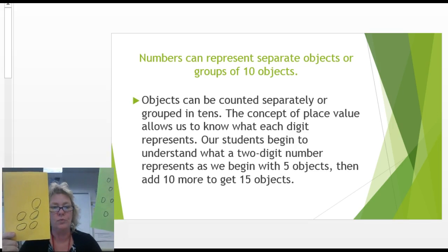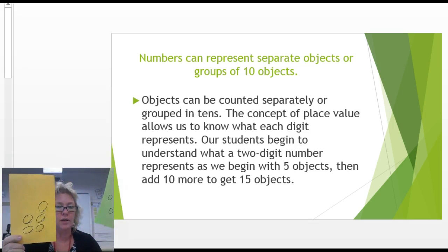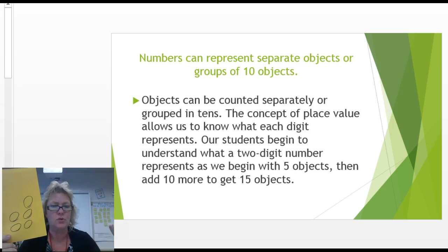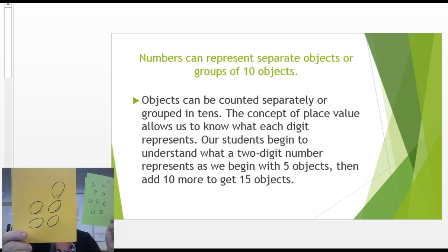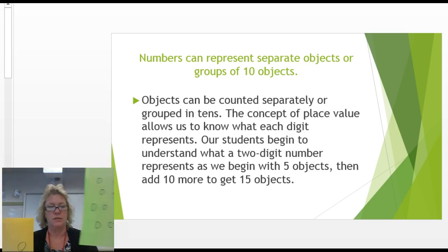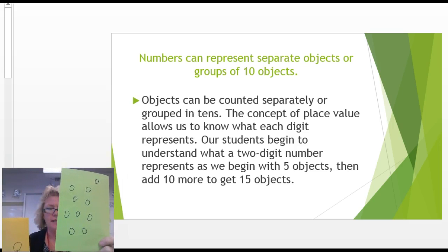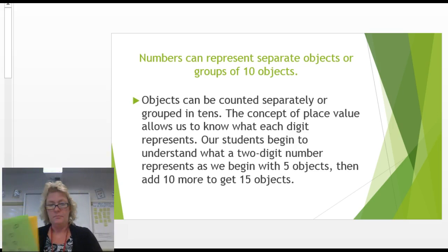Number two, when it's in a scattered arrangement like this, they don't have that organizational view of it. That's where subitizing comes in, so very important, because when you subitize right away, you can see that this is 5. It's much harder to see that this is 10.